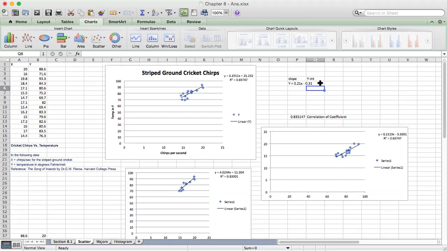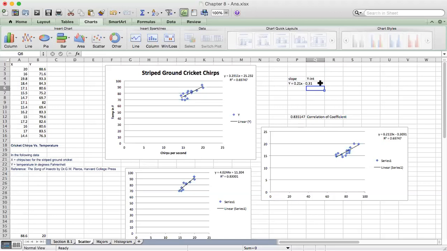No, sorry, my temperature is F. So I put in a 0 degrees Fahrenheit, so it's freezing outside. I get a negative 0.31. Well, can crickets negatively chirp? No. So in this case, my y-intercept doesn't really mean anything.